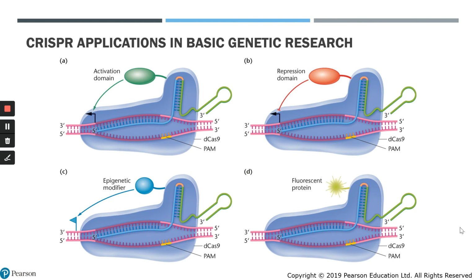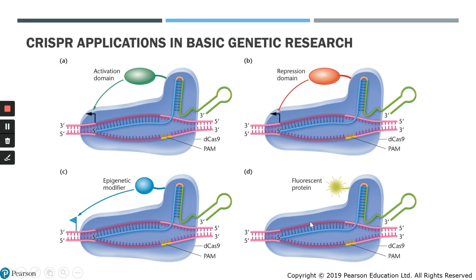This diagram shows how dCas9 has been modified in multiple ways to contain an activation domain of an enzyme, a repression domain, an epigenetic modifier, as well as a fluorescent protein.